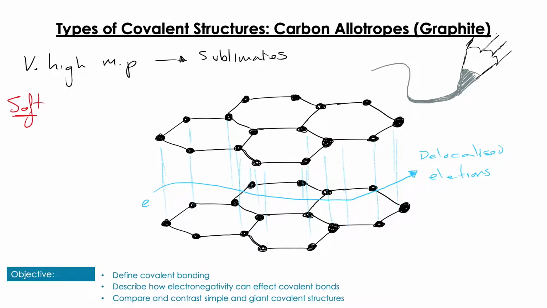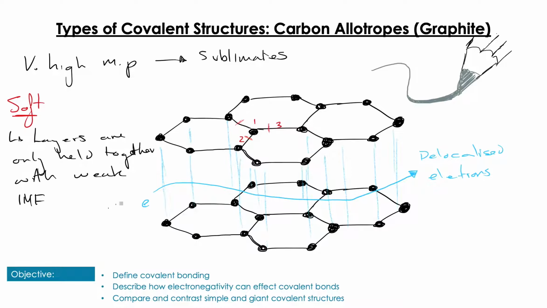That is because in between these 2 layers, we only have weak intermolecular forces. We don't have those strong covalent bonds that we see along those 3 other bonds between the carbon atoms. We have these interactions, and those interactions are much easier to break and require much less energy, allowing the layers to easily slide over each other.